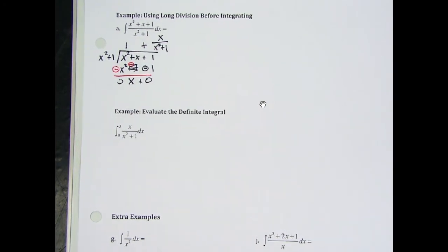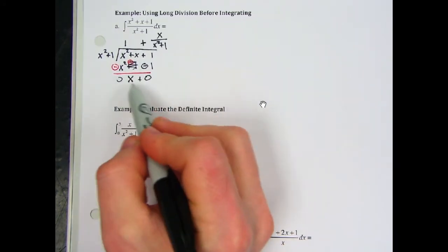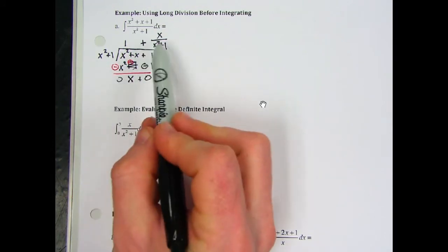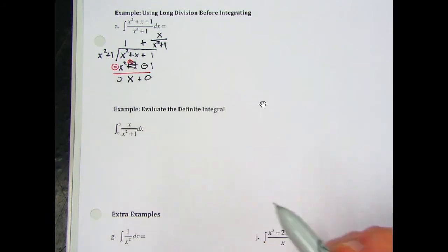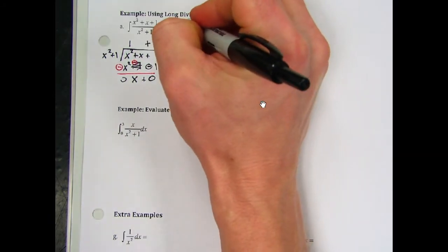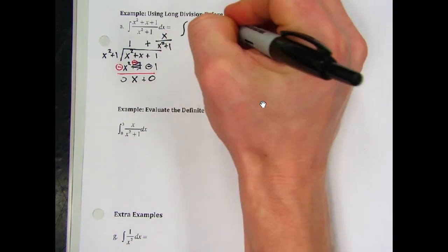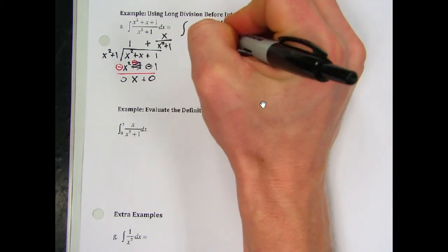So once you're left with something that the x squared plus 1 doesn't go into, you just write it as a fraction. So now we rewrite our integral, and it's going to be 1 plus x over x squared plus 1.